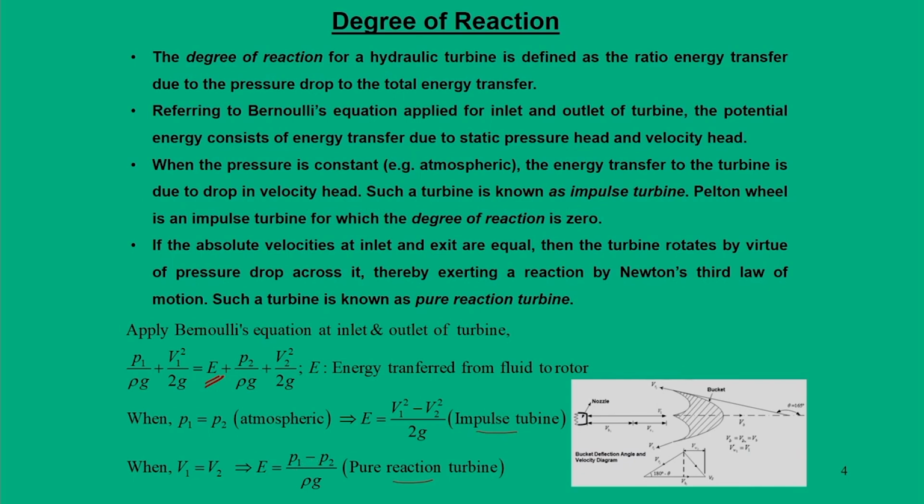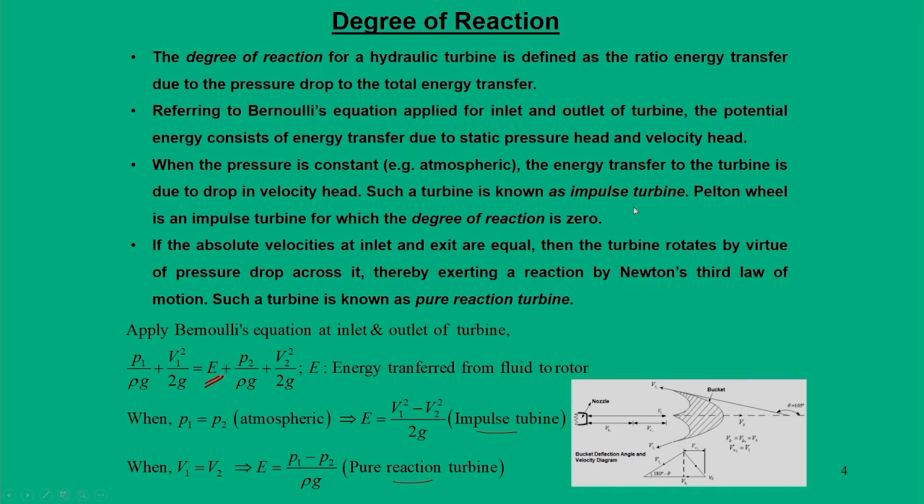Because both velocity head and pressure head take part in the energy transfer from fluid to rotor, we define a term called the degree of reaction for a hydraulic turbine, which is defined as the ratio of energy transfer due to pressure drop to the total energy transfer. And considering this, we call a turbine either pure impulse or pure reaction.